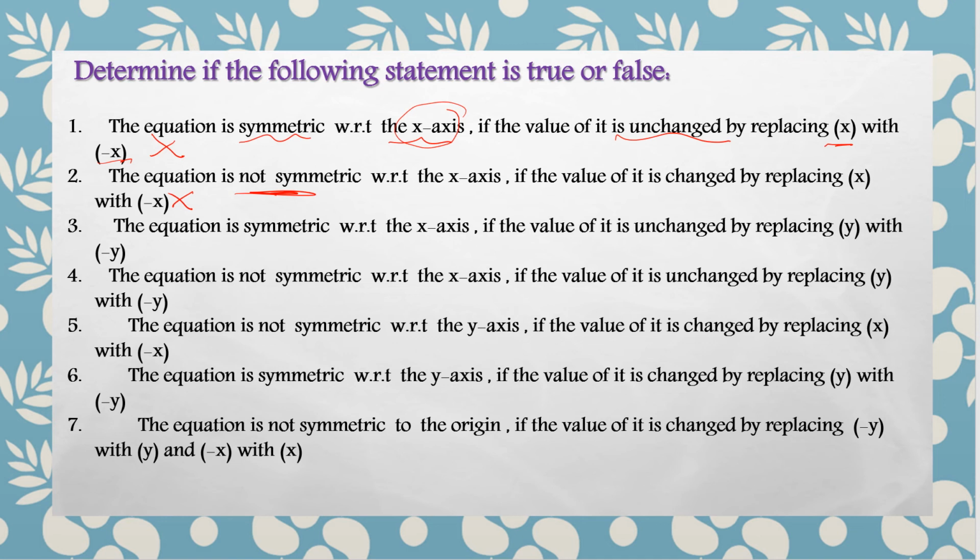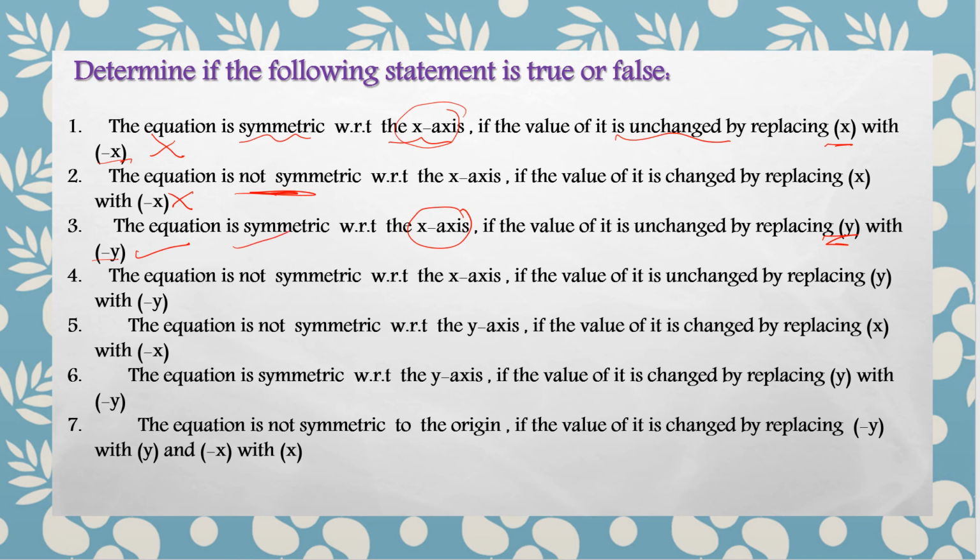Question 3. The equation is symmetric with respect to the x-axis if the value of the function is unchanged by replacing y with negative y. This is true. As for testing symmetry with respect to the x-axis, we replace y with negative y, and if the value of the equation is unchanged, it's symmetric.